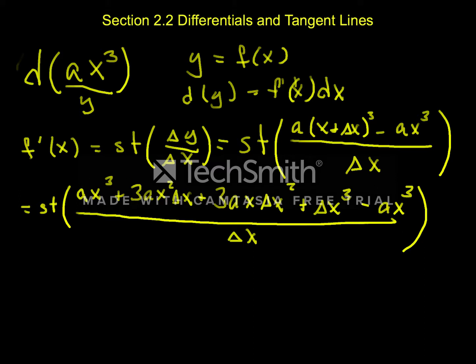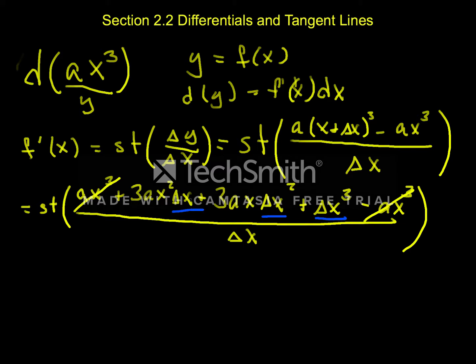Now the only thing that cancels on the top will be the ax cubed and ax cubed. And then what's left behind, once those are canceled out, I'm going to do a few steps at once. Notice I've got a delta x cubed here, a delta x squared there, and a delta x there.